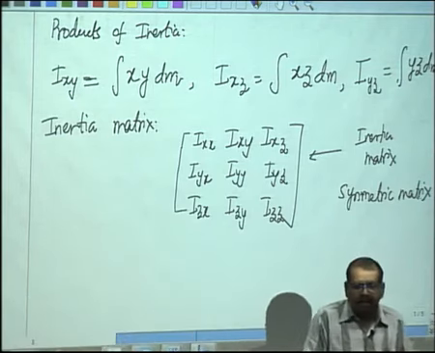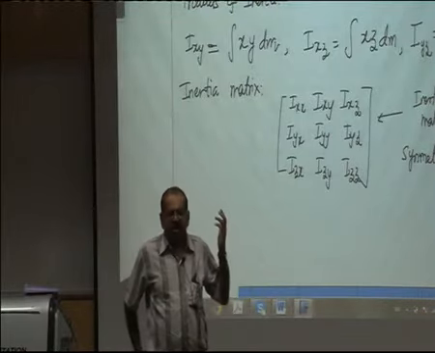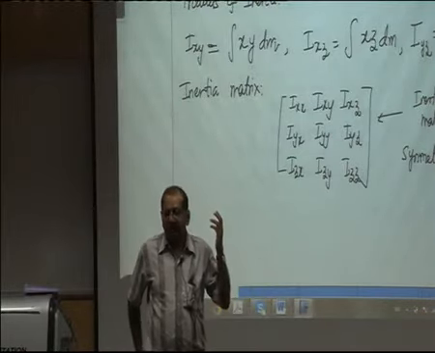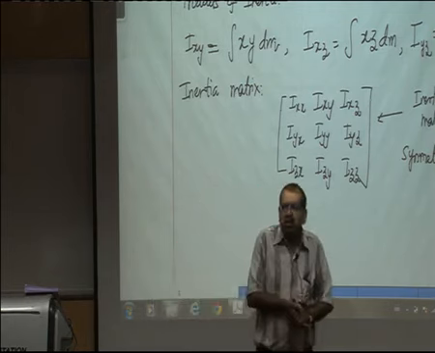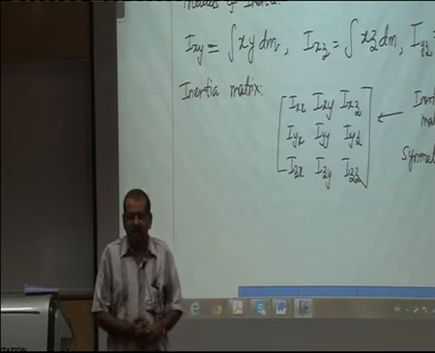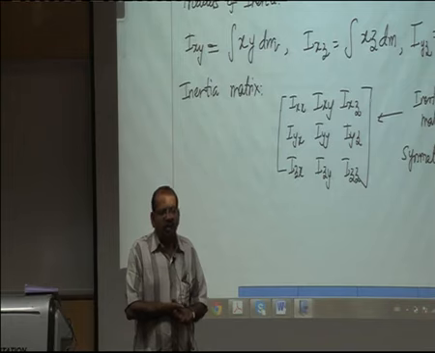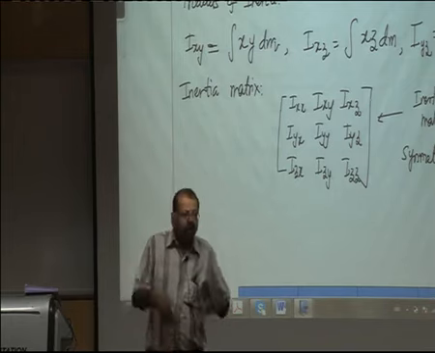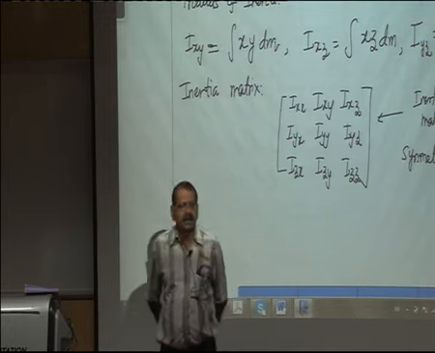Now, we also call this the inertia tensor. A second order matrix can also be termed a second order tensor. Have you heard the term tensor before or not? Probably not. You would have heard the term vector, scalar.